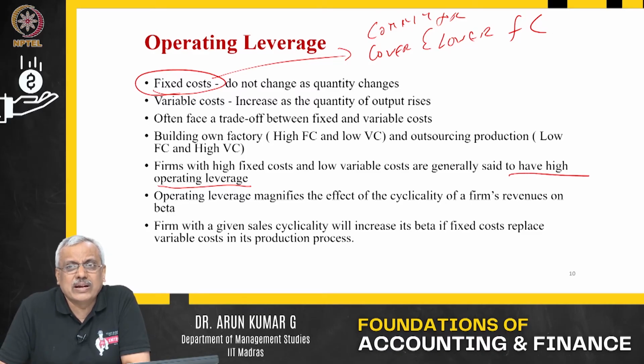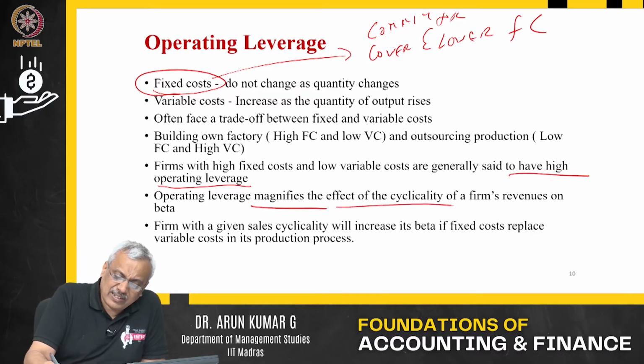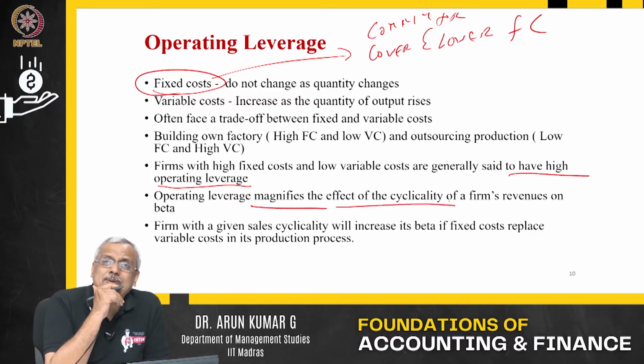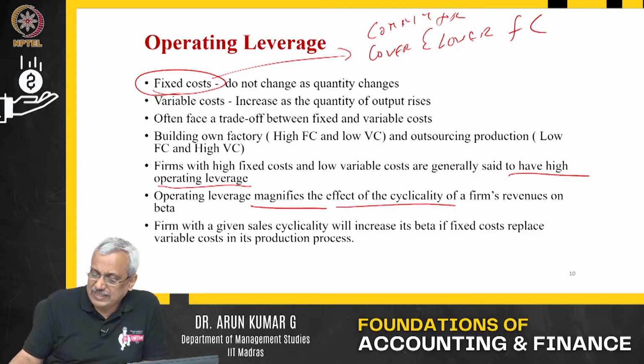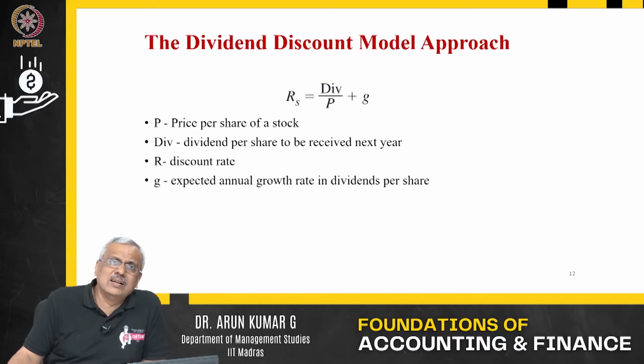If too much commitment, then your borrowing is going to be high and naturally your leverage is also going to be high. It magnifies the effect of cyclicity of firm revenue; especially if there is cyclicity in the firm's revenues, this leverage basically magnifies it. I have got some more.